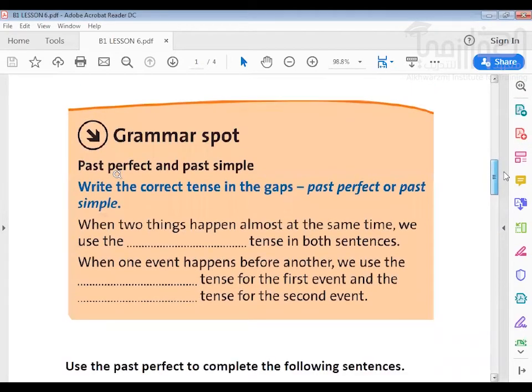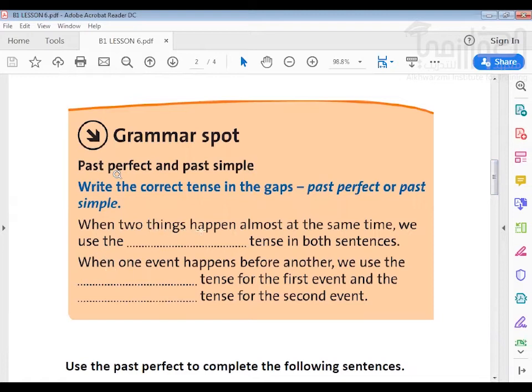Now let's look at this. Let's complete this grammar spot. Past perfect and past simple. Now complete, write the correct tense in the gaps, past perfect or past simple. So we have to write past perfect or past simple in these spaces.